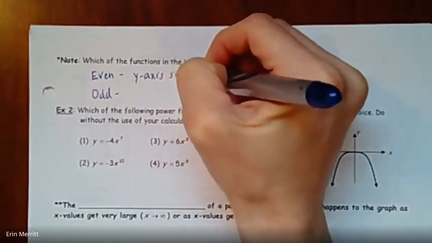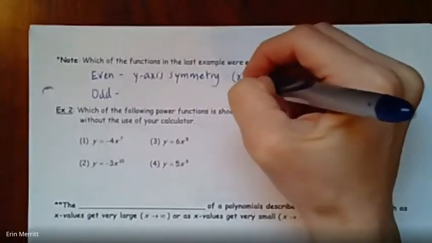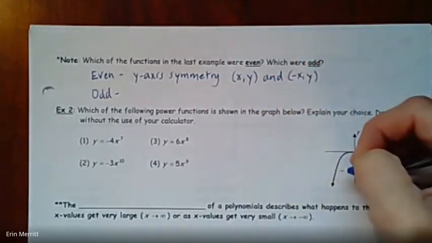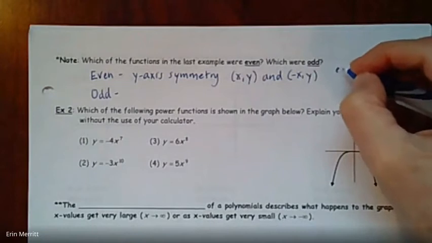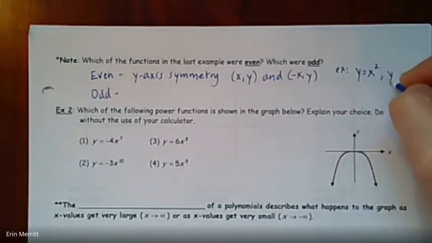That's what an even function is. It also means that the point (x, y) and the point (negative x, y) are on the graph, but those were all the ones that had even exponents. So y equals x squared, y equals x to the 4th, not probably super shocking there.